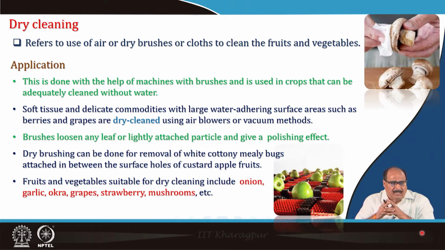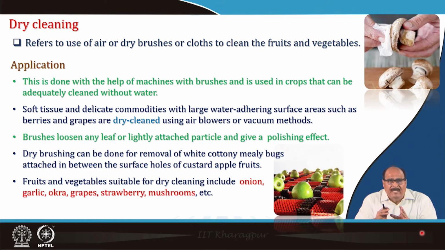Now, let us see what are the different cleaning methods. Dry cleaning refers to the use of air or dry brushes or cloths to clean the fruits and vegetables. This is done with the help of machines which are fitted with brushes, and it is used in crops that can be adequately cleaned without water.